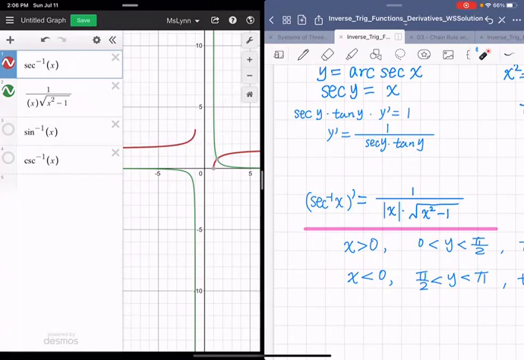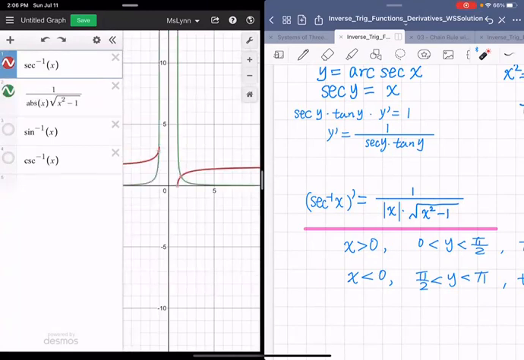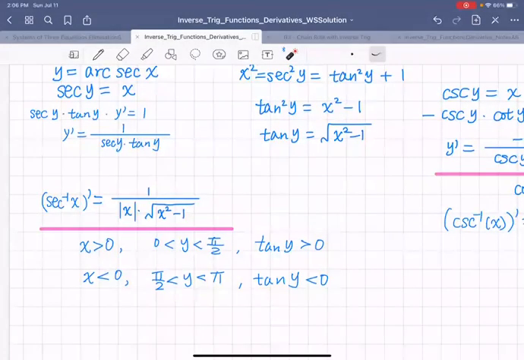The negative slope is not working, it's failing. That's why you need to leave an absolute value here so that the value and the sign match each other. That's why when you have the arcsecant derivative, you have to remember to put an absolute value here, okay?